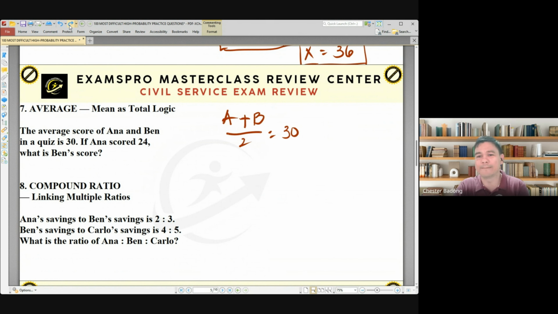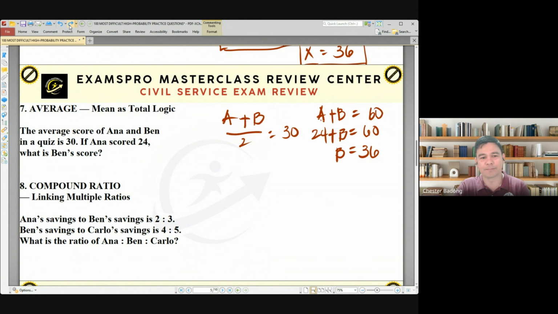Given po yun. Okay? So we can say that a plus b is equals to 60, multiplying both sides by 2. And we know that Anna's score is 24. So, substitute natin. Makukuha na natin yung value ng score ni b. Transpose, b is equals to 60 minus 24. B is equals to 36. That's the score of Ben.